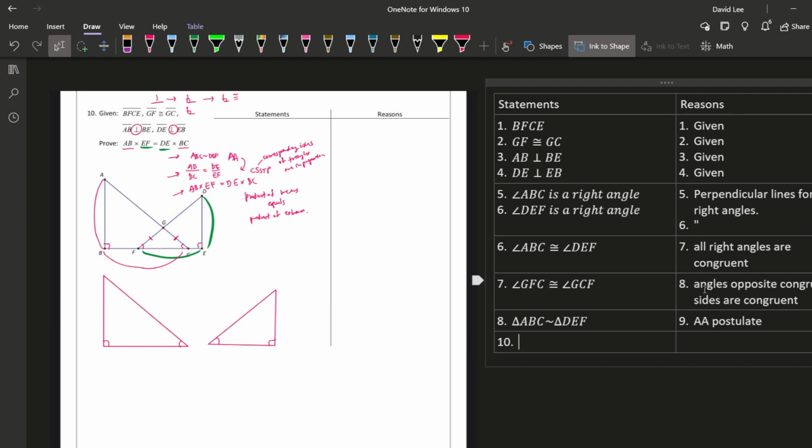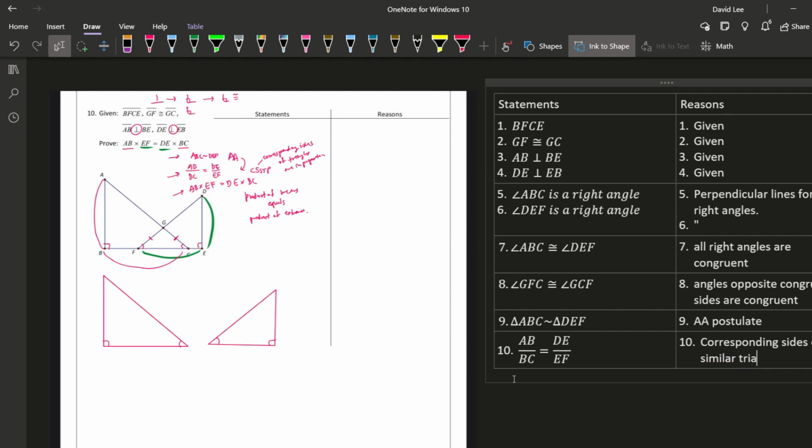And then we can say, pretty much what I already wrote: AB over BC is in proportion to DE over EF, and this is because corresponding sides of similar triangles are in proportion.